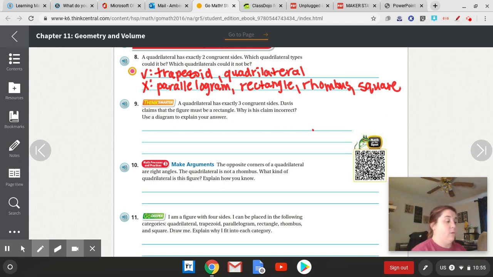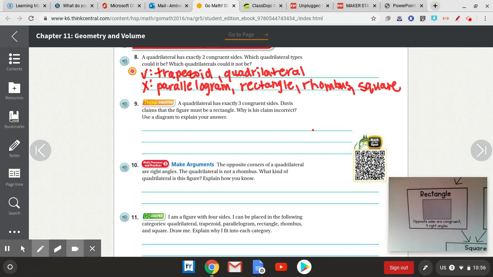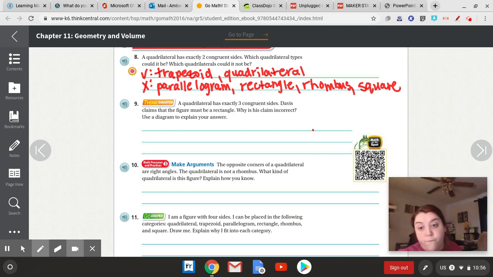All right, hang on one second because I already set this aside. Rectangle. There it is. Opposite sides are congruent, 4 right angles. So when we're doing this, if I'm going to draw something with 3 congruent sides, there I go. I drew one congruent side.